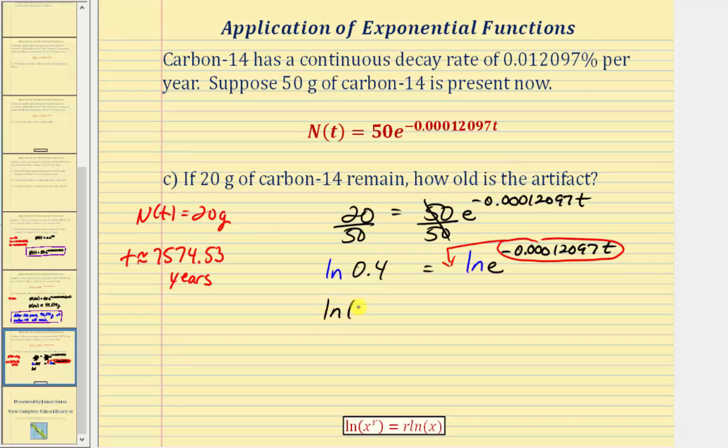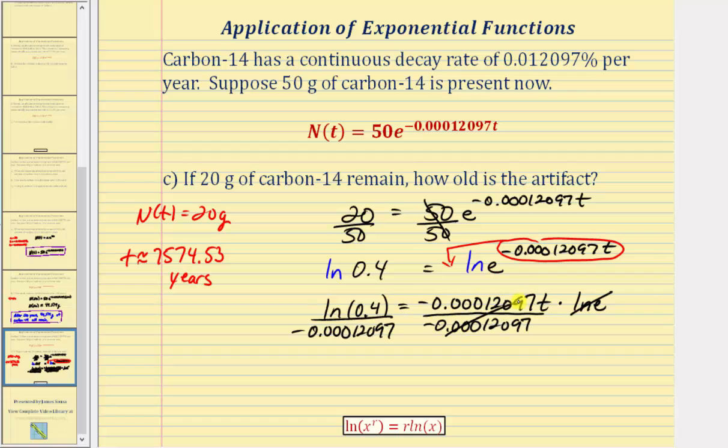So we have natural log 0.4 equals negative 0.000120097t times natural log e. But because e to the 1 equals e, natural log e is equal to 1. Therefore, in order to solve for t, we just need to divide both sides by this coefficient. So simplifying on the right, we just have t, and now we'll approximate this quotient on the graphing calculator.